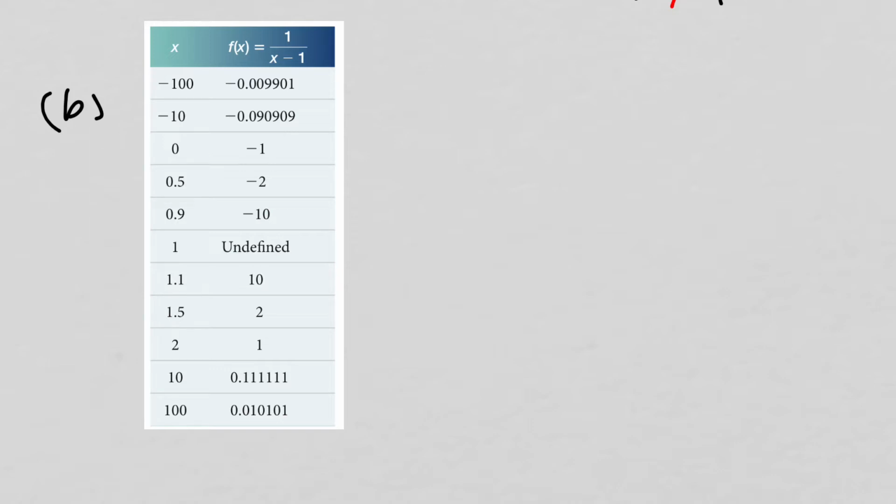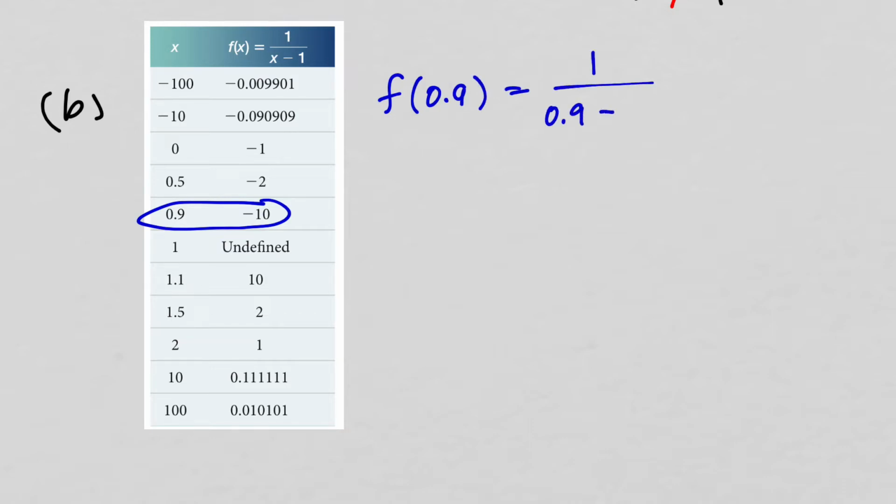And in case you're wondering what's going on here, I will just remind you of what you're doing when you're plugging in a function value. So f of 0.9 means to plug 0.9 into your function. So we're literally replacing x with 0.9. And this gives us 1 divided by 0.9 take away 1, which is negative 0.1.